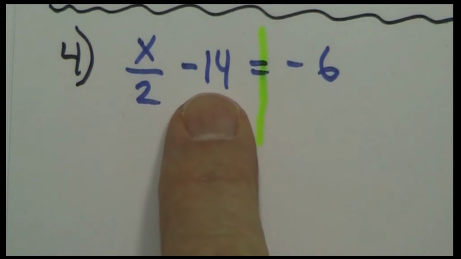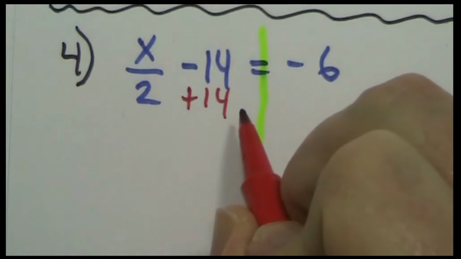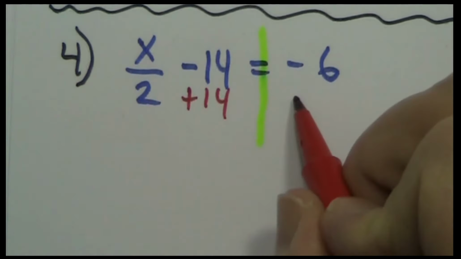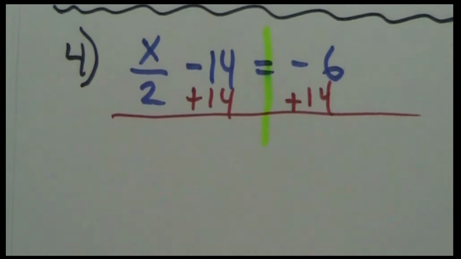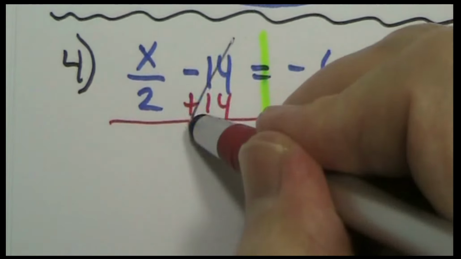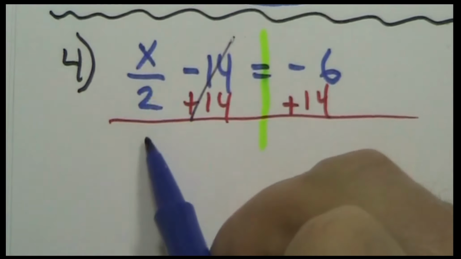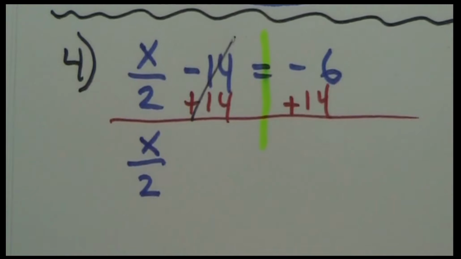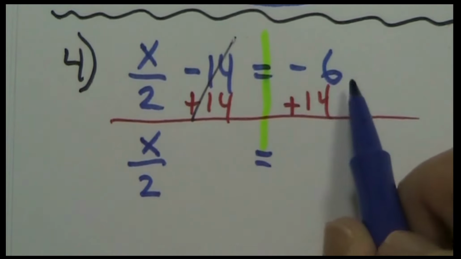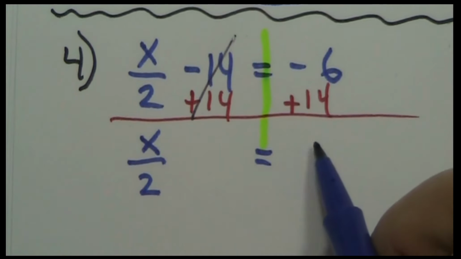To get rid of it, do the opposite. But you need to do both sides. So 14 and minus 4, that's 0. And what you have left is just x over 2. On the right side, 14 and 6 negatives, that's 14 minus 6.